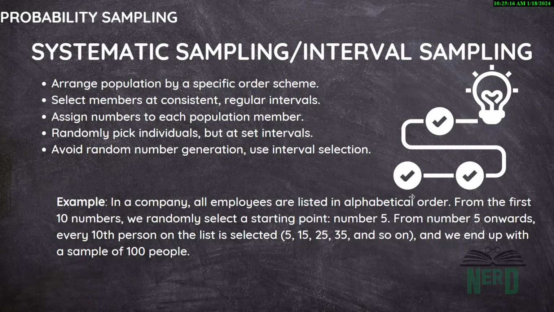We pick a random starting point, say the fifth person in the list. And from that, we pick every 10th person, like 5, 15, 25, 35, and so on until we have the number of people we need, like 100, right? It's like picking every 10th jelly bean from a jar until you have enough for your sample. So guys, that's your systematic sampling.